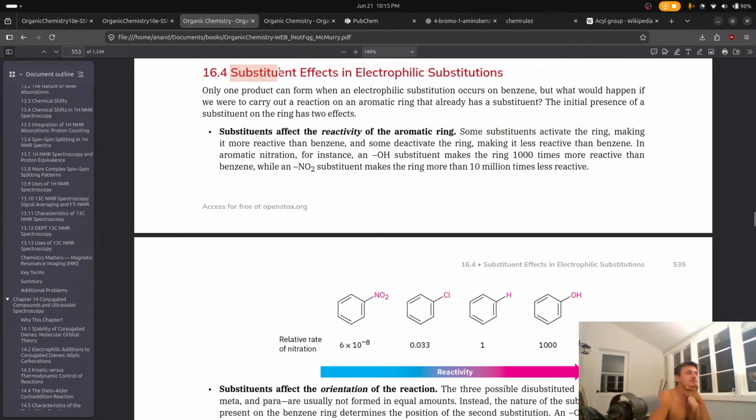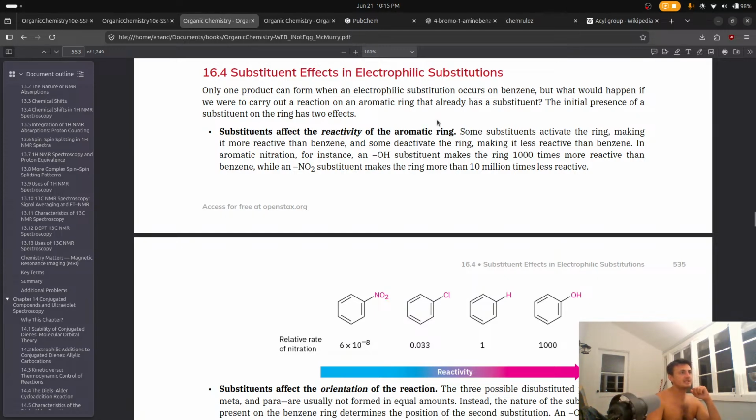16.4 Substituent effects in electrophilic substitutions. Only one product can form when an electrophilic substitution occurs on benzene. But what would happen if we were to carry out a reaction on an aromatic ring that already has a substituent? The initial presence of a substituent on the ring has two effects.